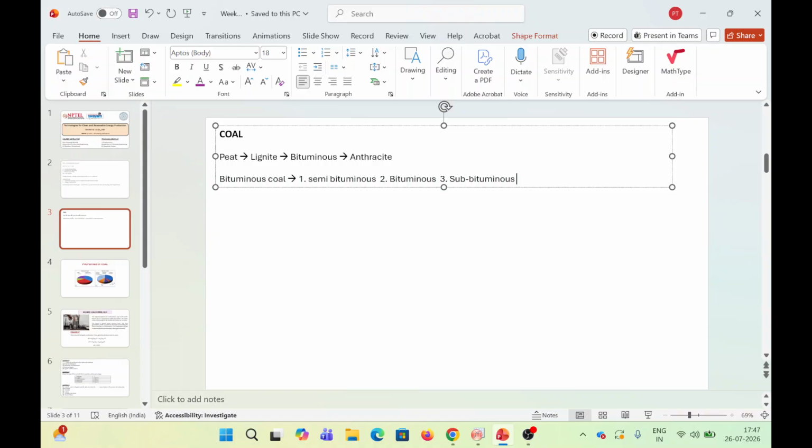I hope everybody is able to understand why, when moisture is present, the coal becomes undesirable. Can anyone explain? If a coal sample has high moisture content, then it is not desirable for energy production. Why?